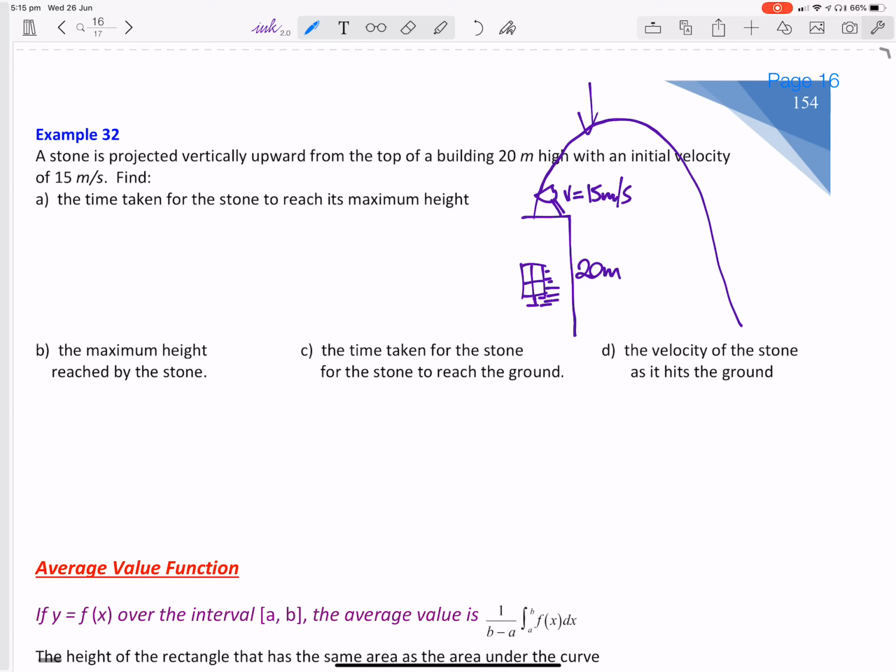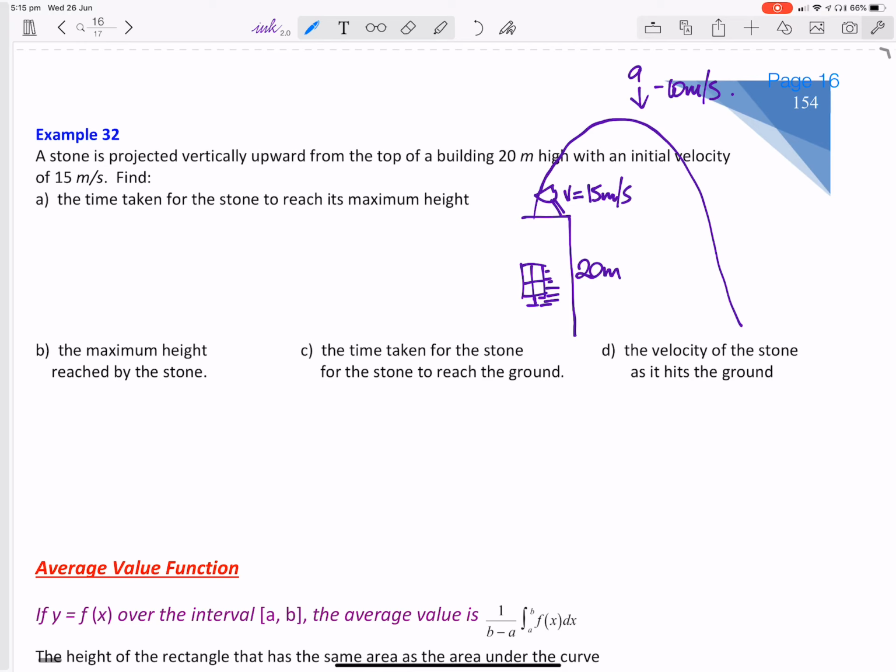And we've got a force going on it, that's acceleration, which usually we say is negative 9.8, but for this question, let's say it's negative 10 meters per second squared. That's what physics teachers do, because it's much easier to use negative 10 than negative 9.8. We'll assume with this question we don't have a calculator, so we use negative 10.